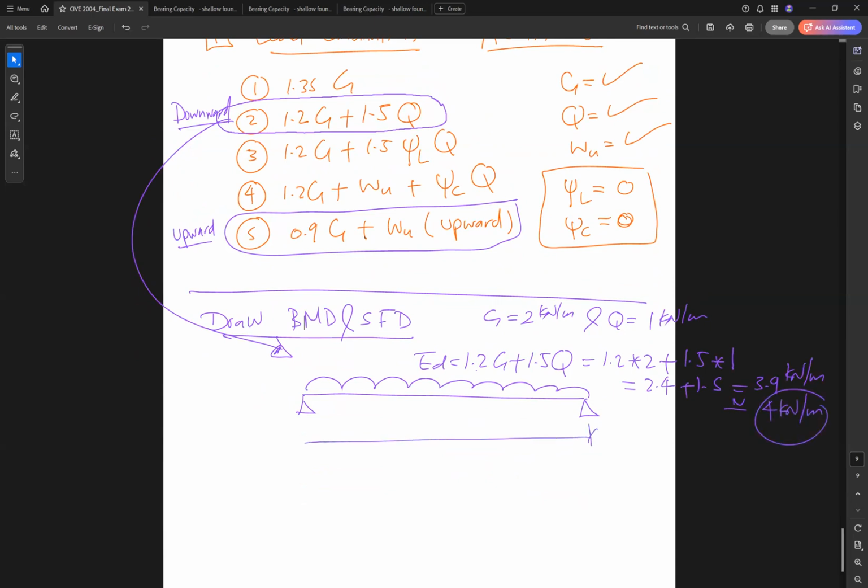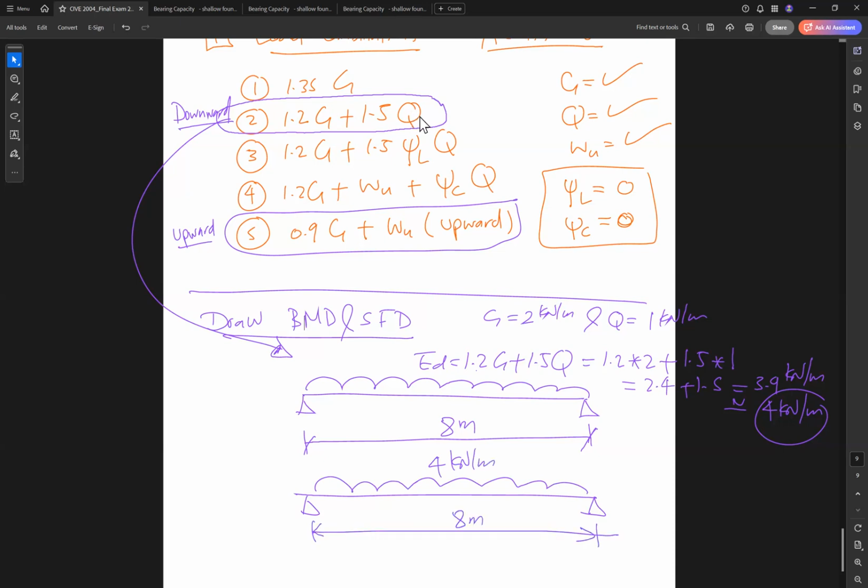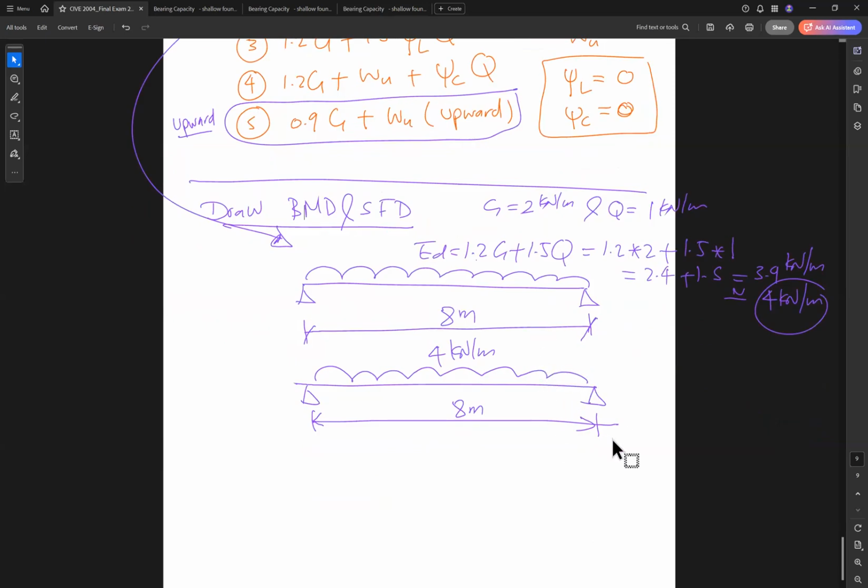So if we have a beam of 8 meters and we have a load of 4 kilonewton per meter, can you draw or find the bending moment diagram and shear force diagram or not? Okay. How can we find the shear force diagram? This is the shear force diagram, this positive, this negative.